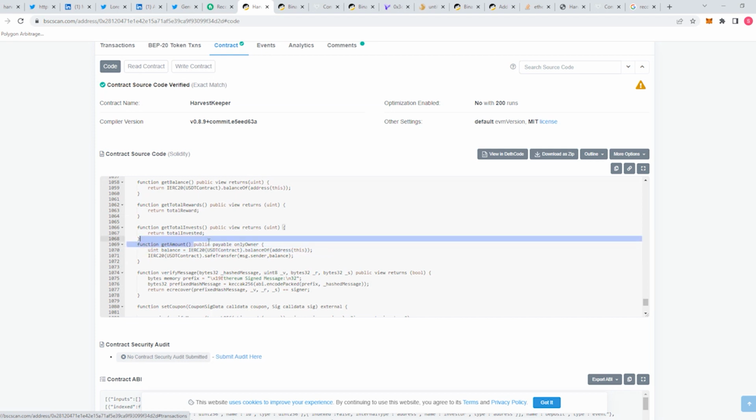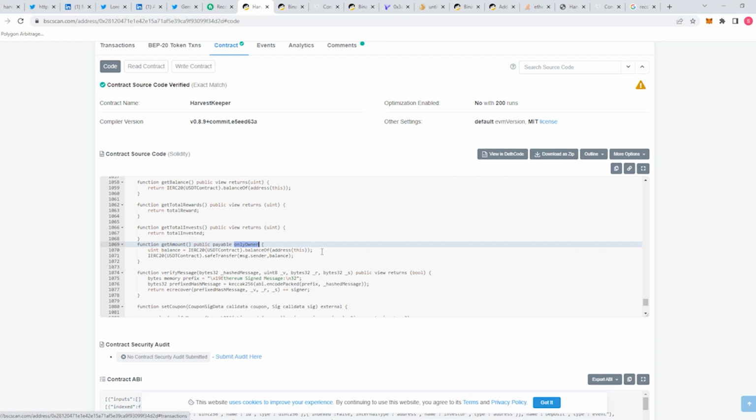It's public, which means it can be called from outside the contract. It's payable, which means you can send BNB to it. And it's only owner, which means only the owner of the contract can call this. It implements the only owner contract as well on this.